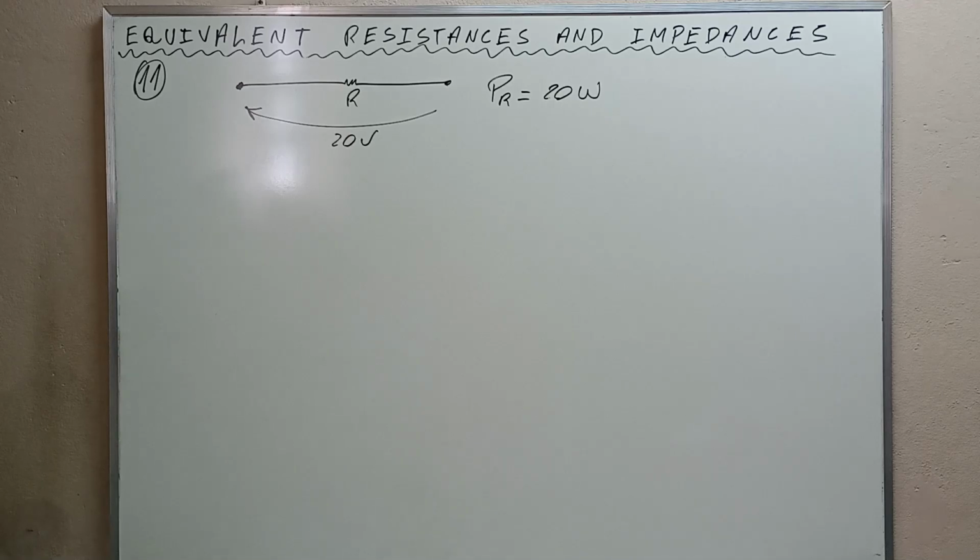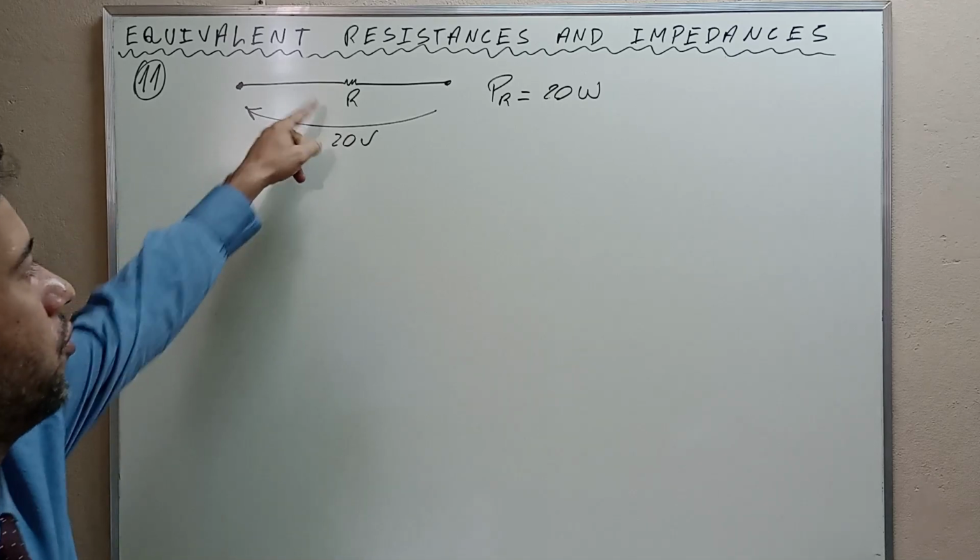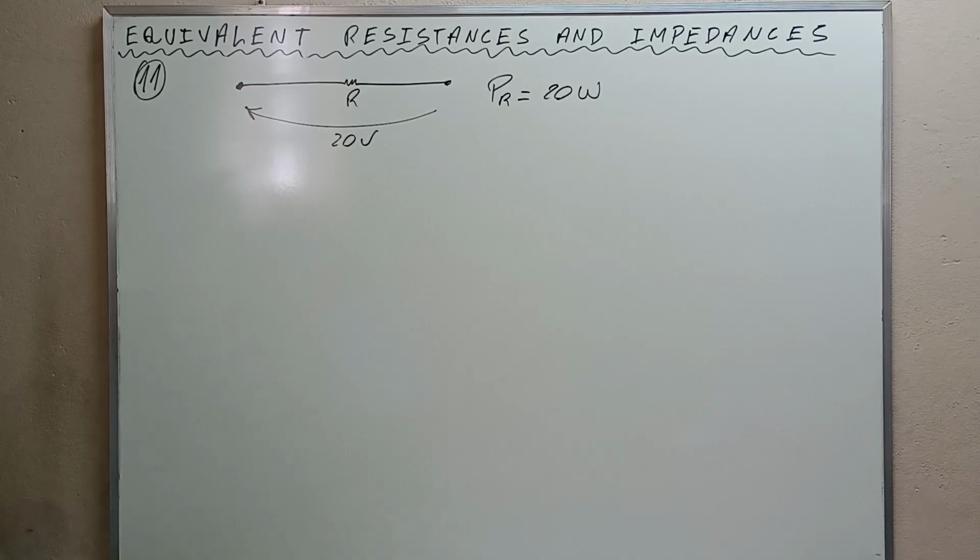Let's consider this resistor. When a voltage is applied at its terminals, a current will flow, which in its turn causes a heating of the device. This is called Joule's effect.